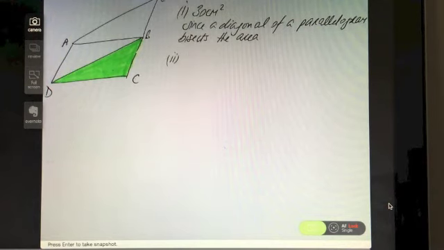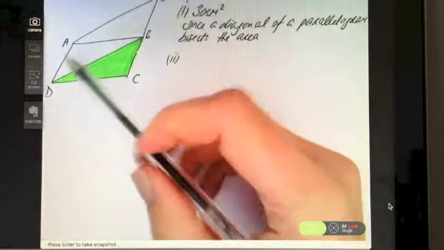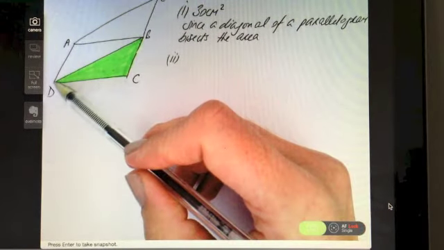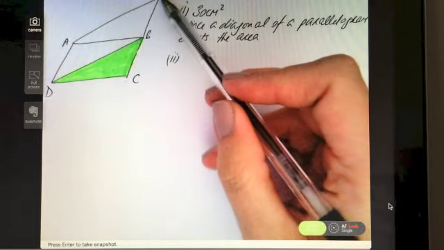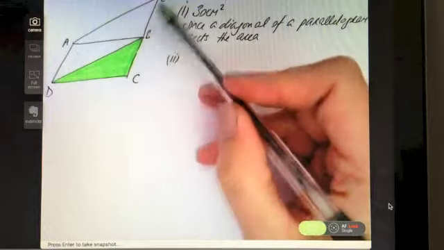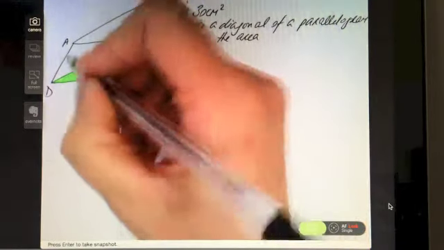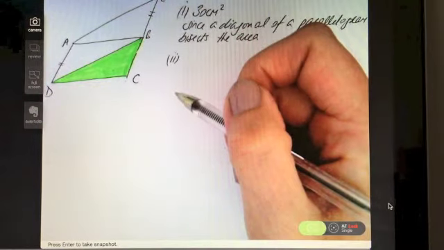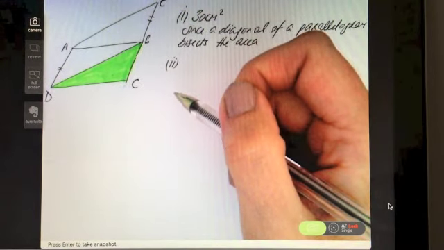Okay, so the second part asks for the area of the parallelogram ADBE. And so given that we are told that both ABCD and ADBE are parallelograms, then if ADBE is a parallelogram, that means that AD is equal to BE because opposite lengths of a parallelogram are equal.